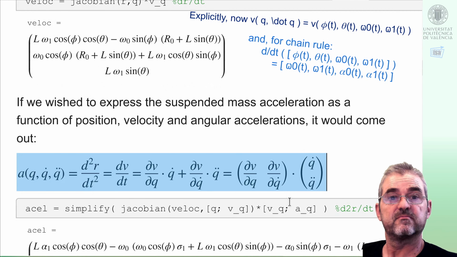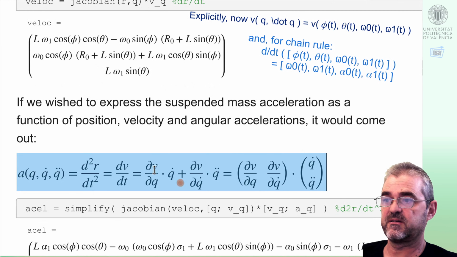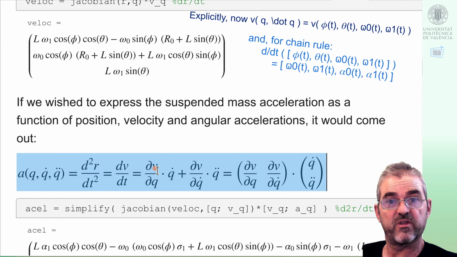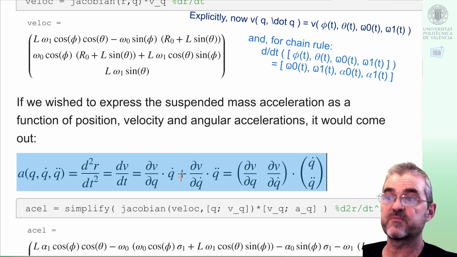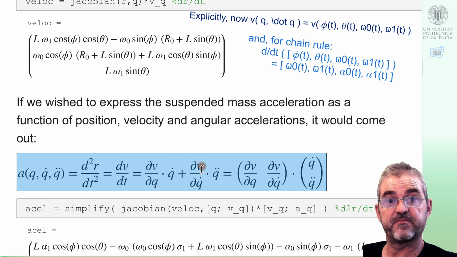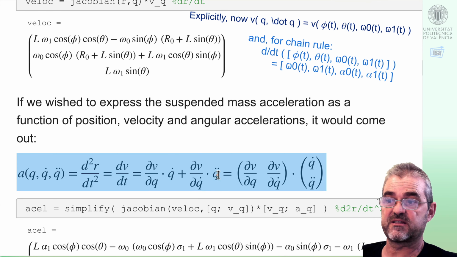So in abstract form, partial derivatives with the letters representing angular positions will need to be multiplied by angular speeds, the time derivatives of the positions, and the partial derivatives with respect to letters representing speeds will need to be multiplied by the time derivatives of the speeds, which is the angular accelerations.